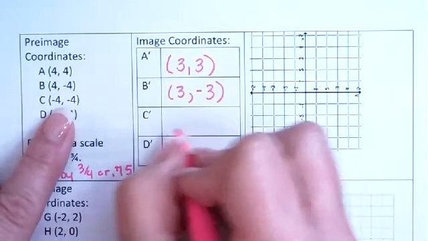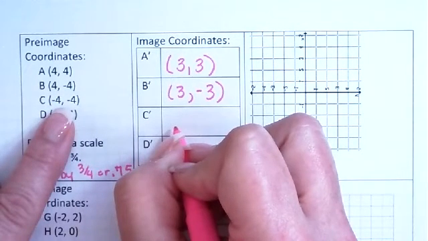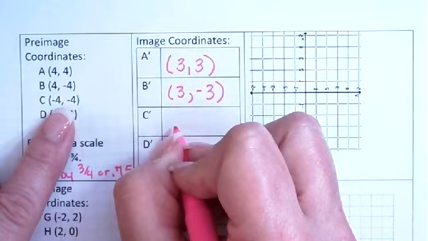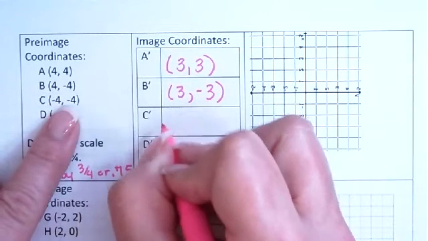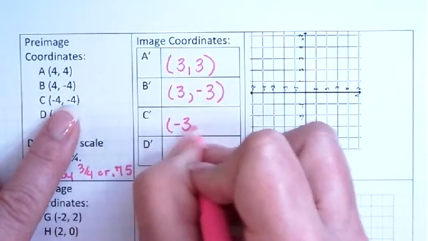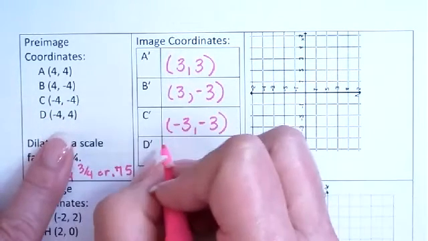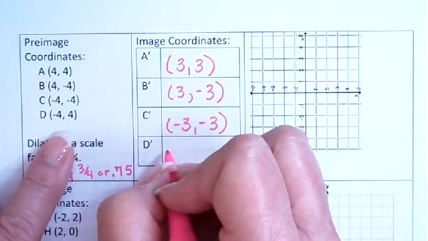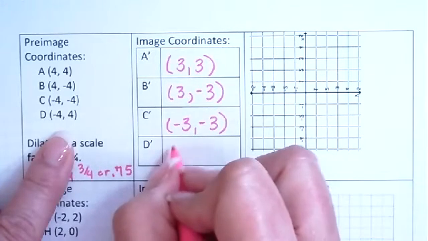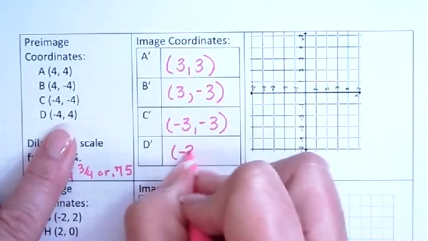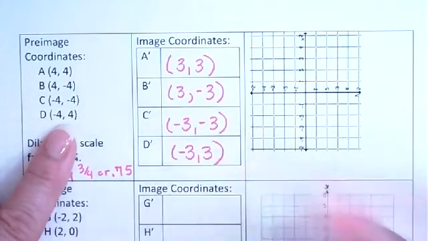And the same thing with C. 4 times 0.75 is 3, but they're both going to be negative. So -3, -3. And then I've got D right here, which is -4, 4. So that is going to be -3, 3.